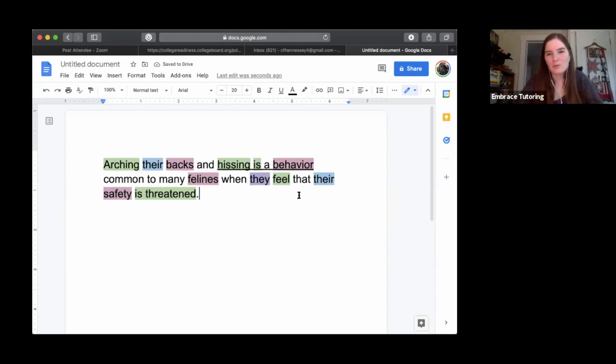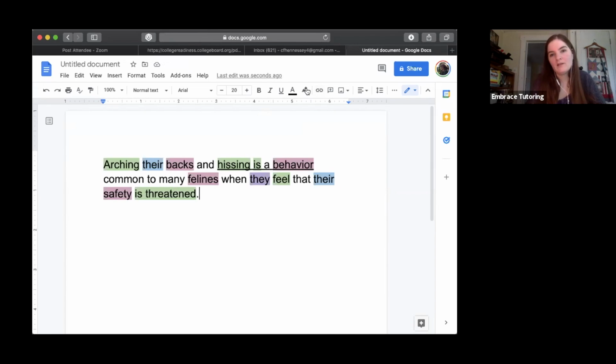So looking at this, how do we figure out what our verb is? We have so many things going on in the sentence. How do we break it down? How do we identify the actual action in the sentence, the main verb and the main noun? One way we can do that is to identify prepositional phrases.